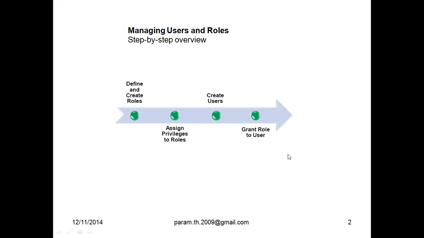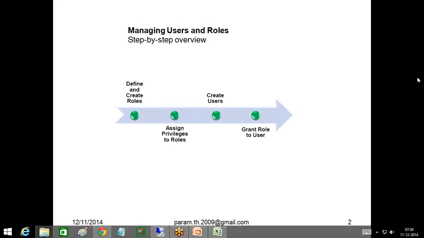Here we have a step-by-step best practice. Certain administrators or consultants may want to create a user first and then a role later. It's okay, but the best practice is to have a role defined first, step one.